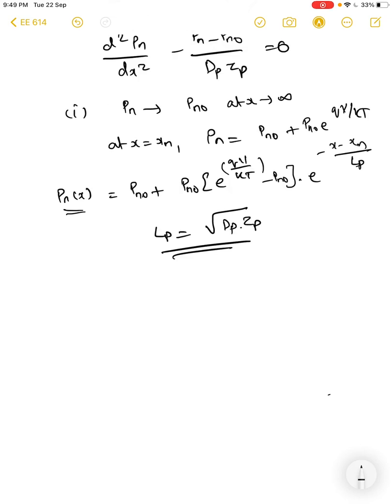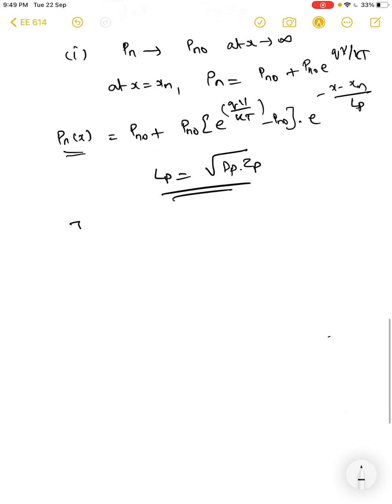So once we know the carrier density expression, we know the current, because we are going to assume that there is only diffusion current, because we are in a regime where there is no field E, so we have only the diffusion current, which is minus q Dp dp by dx.